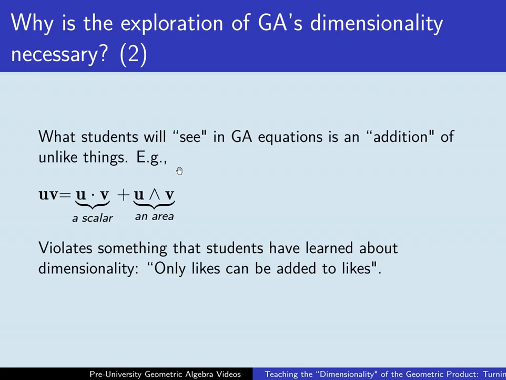What students will see in geometric algebra equations is an addition of unlike things, a scalar and an area. And again, the idea of an addition. And this idea here violates something that students have learned about dimensionality, that only likes can be added to likes.